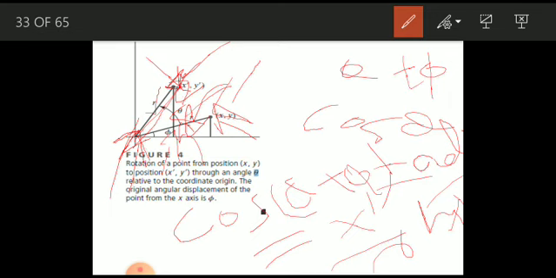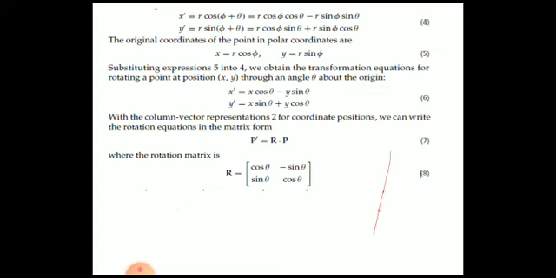You understanding now? Alright. Now what happens? So x dash is equal to r into cos of theta plus phi. Right. So that's what is depicted in the next equation here. X dash is equal to r into cos of phi plus theta, which makes it r cos phi into cos theta minus r sin phi into sin theta. Similarly, y dash is equal to, again, sine of theta is nothing but the opposite divided by the hypotenuse.